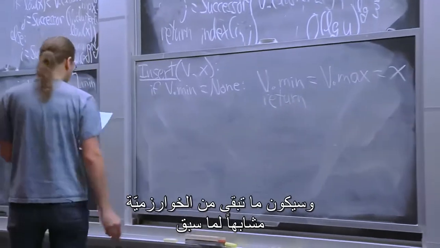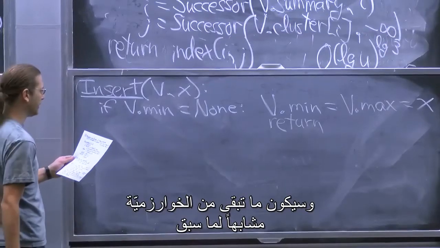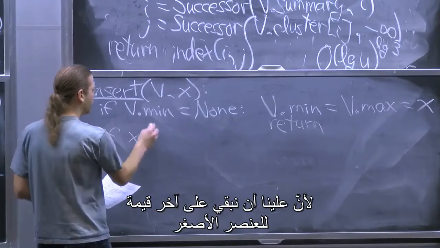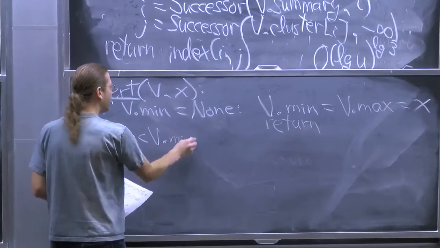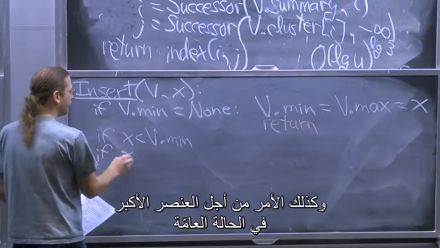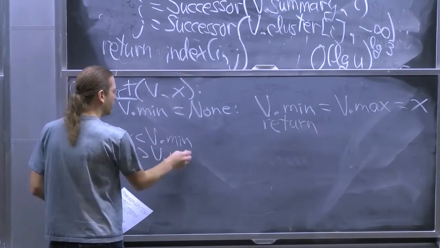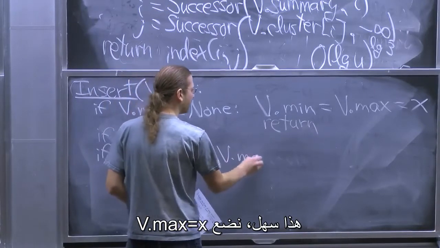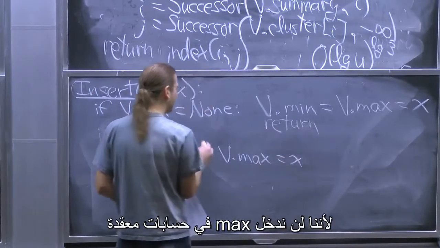So the rest of the algorithm is going to be pretty similar. There's a couple annoying special cases, which is we have to keep the min up to date, and we have to keep the max up to date in general. This one is easy. We just set v.max equal to x. So we're not doing anything fancy with max.